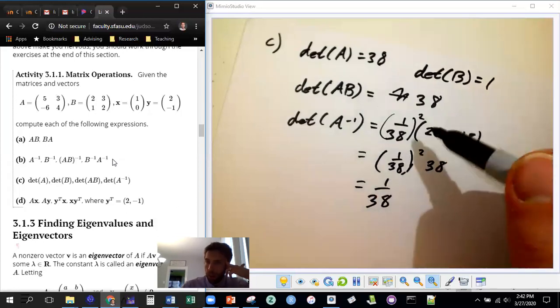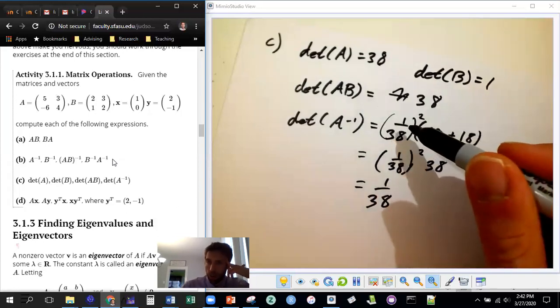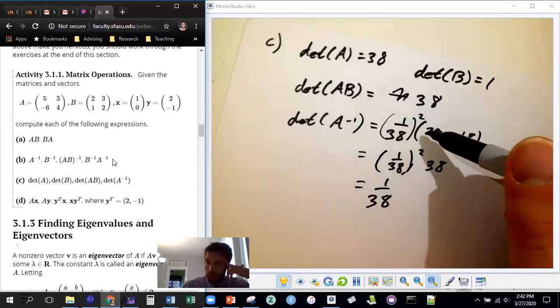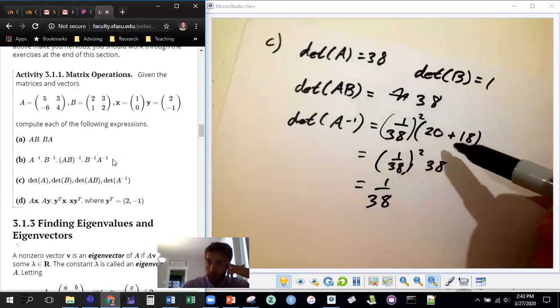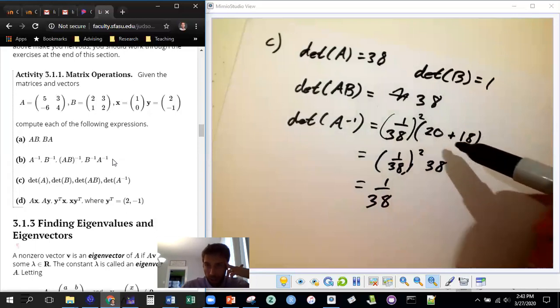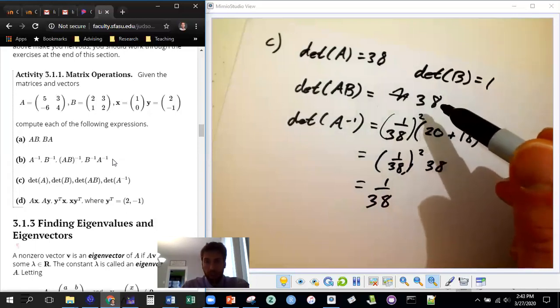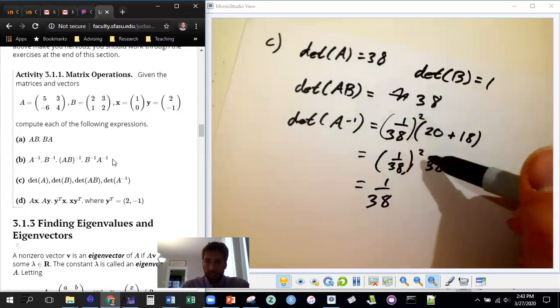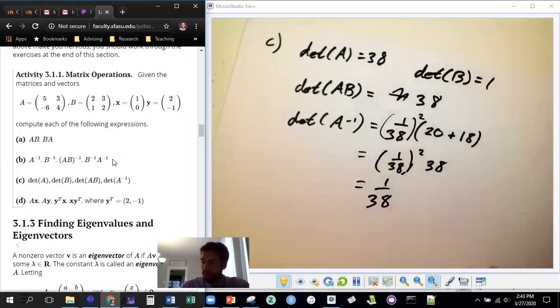Okay, why did I make the fraction out front 1/38 squared? Well, think about it. This is 2 of the entries multiplied together. They would both be over 38. And this is 2 of the entries multiplied together. They would both be over 38. So move those over 38s out, and you have 2 of them, 2 1/38s. That cancels out with that 38, and you get 1/38.